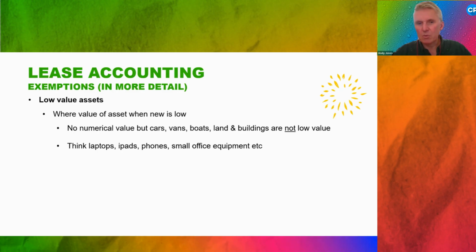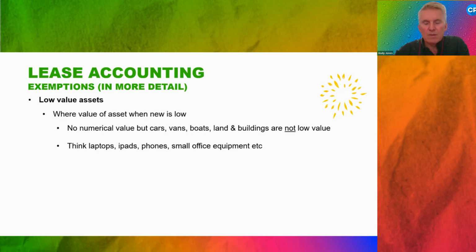So I think what the SORP's looking at here is more around smaller items, things like laptops, iPads, phones, small office equipment. That's what the low value asset exemption is really looking at.